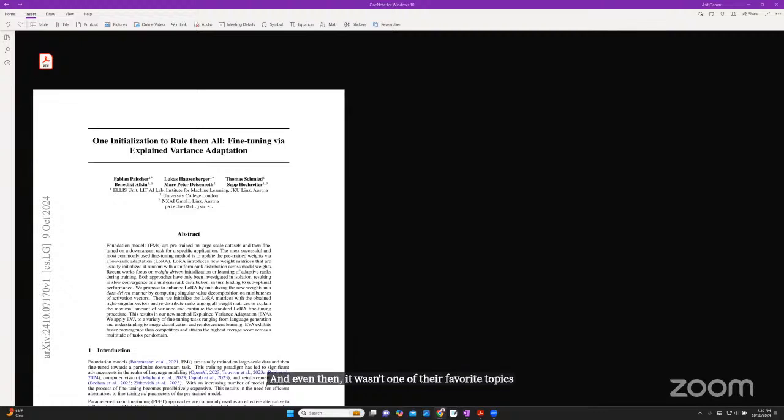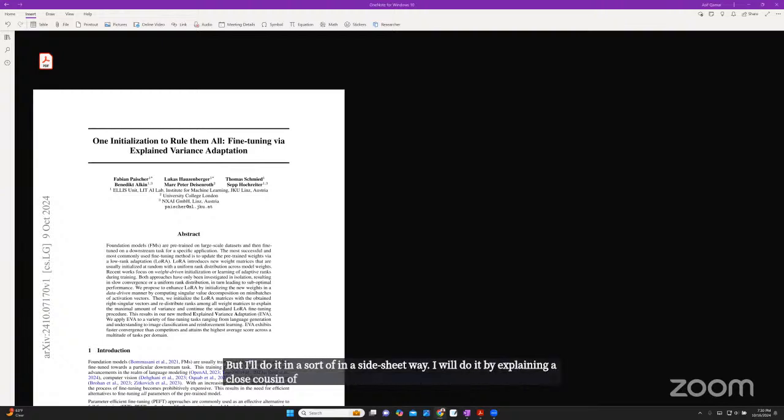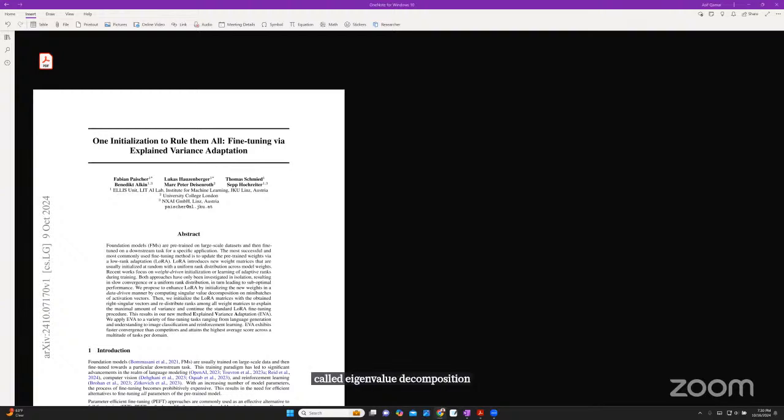So I would like to bring it back, but I'll do it in a slight cheat way. I will do it by explaining a close cousin of singular value decomposition called eigenvalue decomposition, because the intuition of singular value decomposition is more or less aligned with the intuition of eigenvalue decomposition.